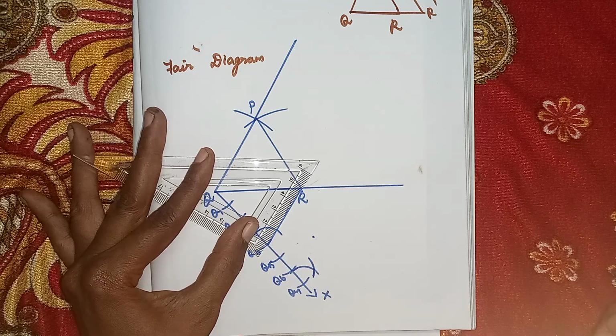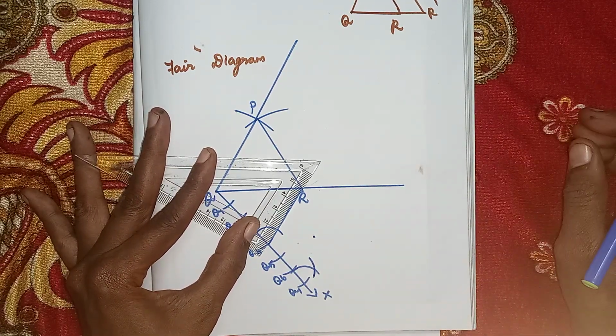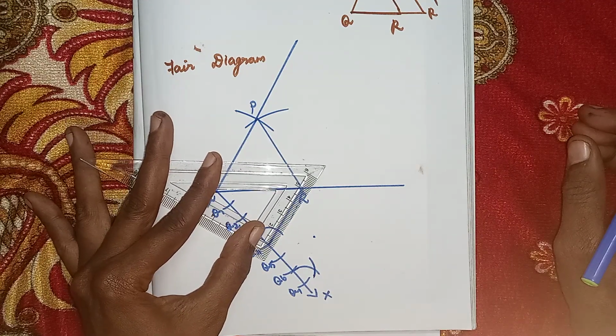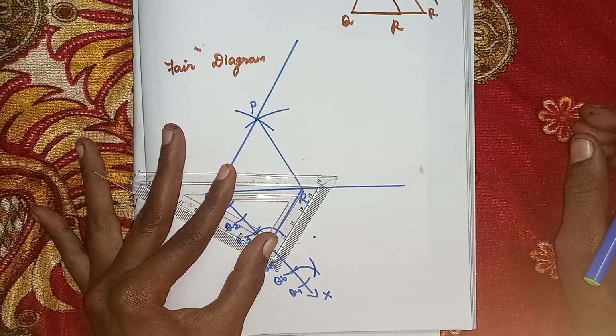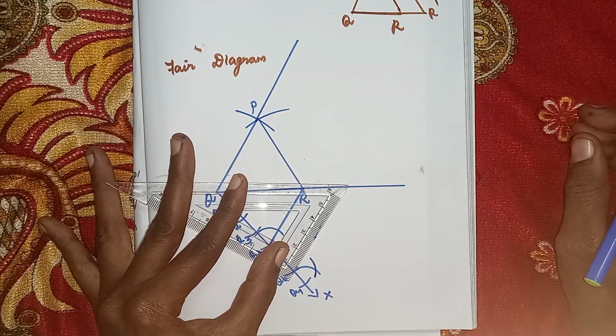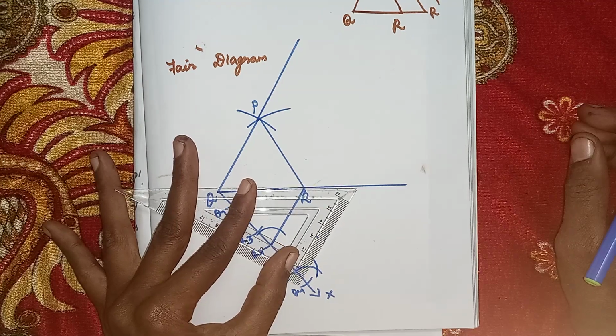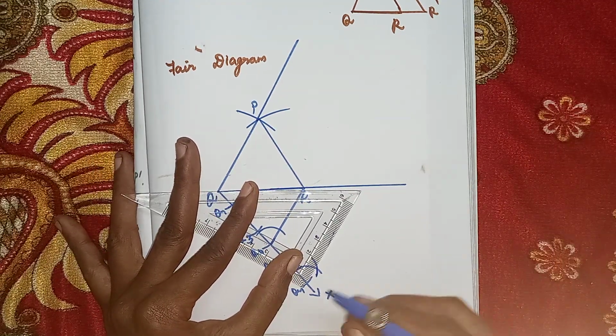Slowly move the set square till the point Q7.